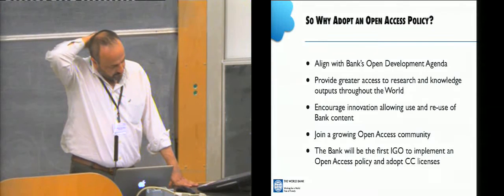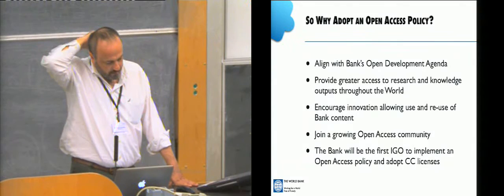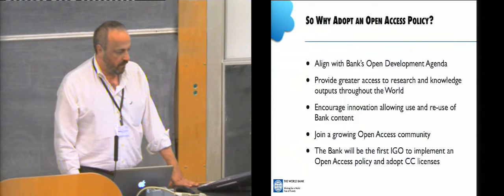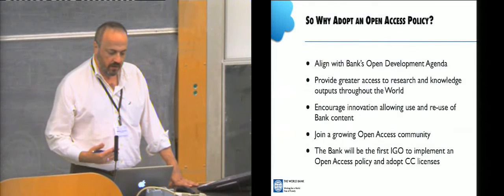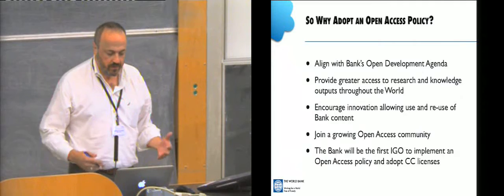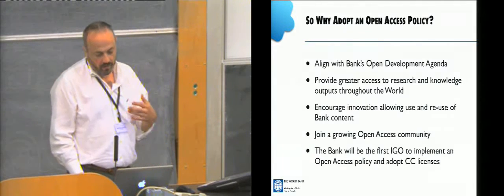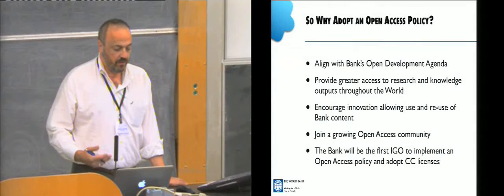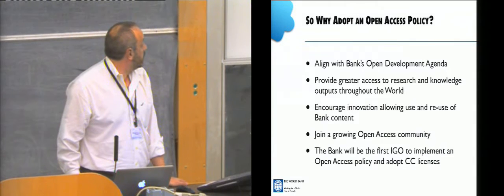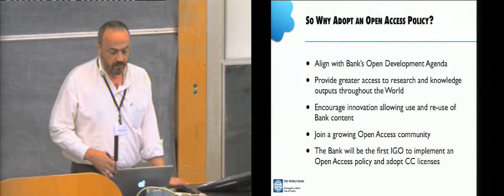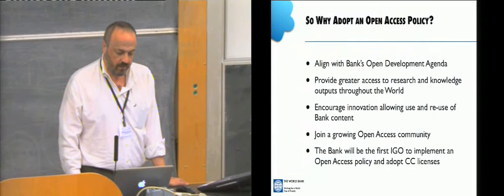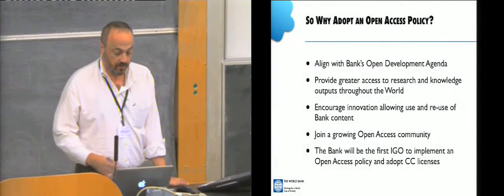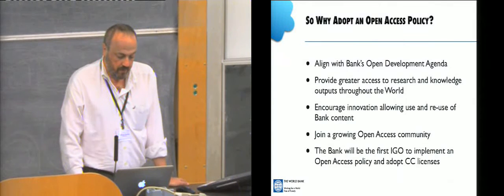I wanted to set a sort of why question. Why did we adopt an open access policy within the bank? Well, the bank took the brave step to modernize itself and to open itself up in 2010. So, in terms of adopting an open access policy, we're aligning ourselves with that open development agenda. We're acting on the requirements to make the research, which is about countries all around the world, available as widely as possible.